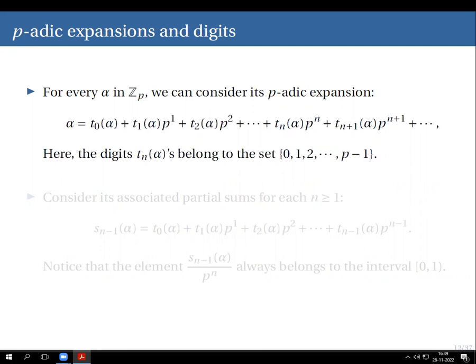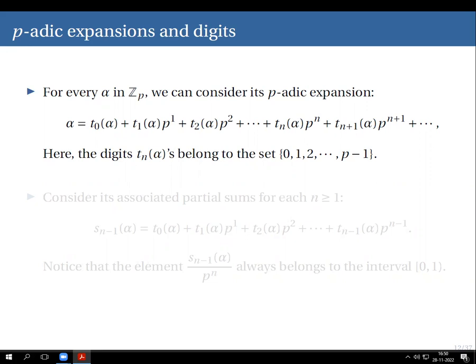Every element in the p-adics can be written as this summation, the sum of t_i p to the i. It's like a base p expansion, except that the exponent of p is allowed to grow to infinity, and all of these digits t_0, t_1, t_2, and so on belong to the set 0 up to p minus 1.